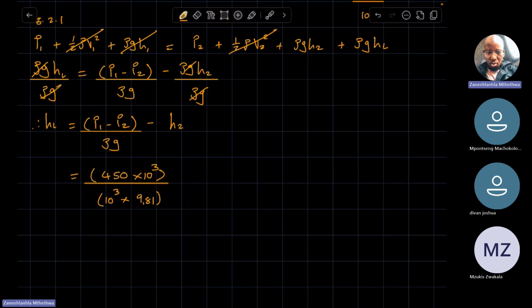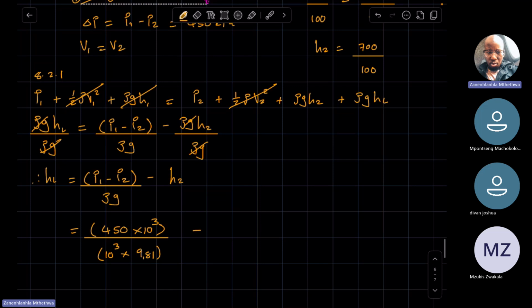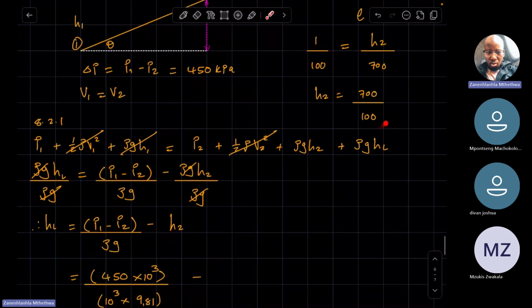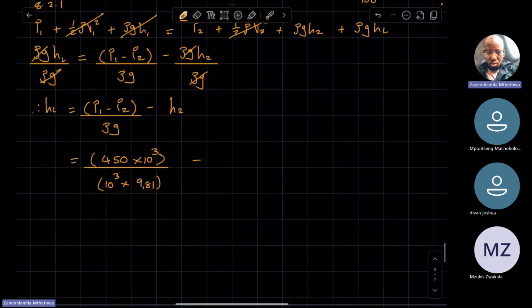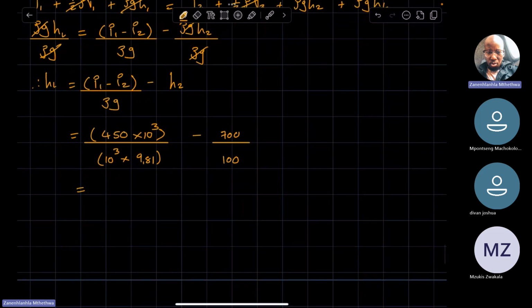right? Then minus H2. H2, we established that H2 is equal to the 700 divided by 100. So this is 700 divided by 100, right?